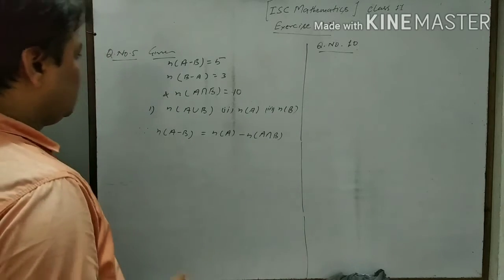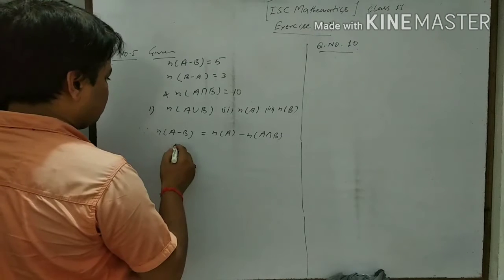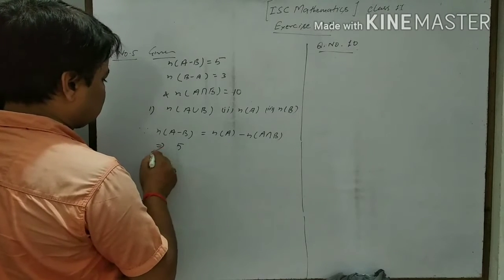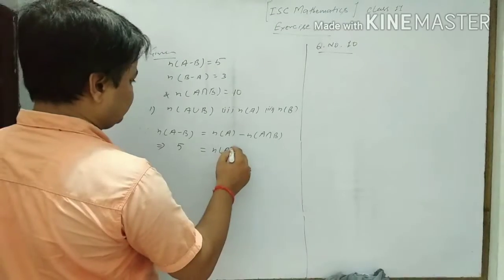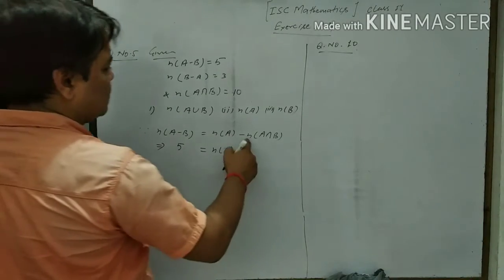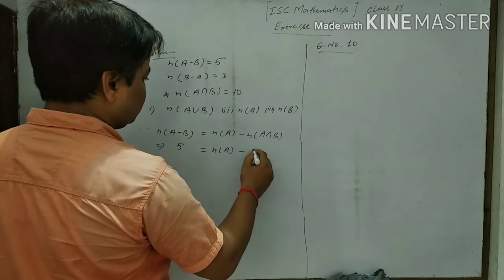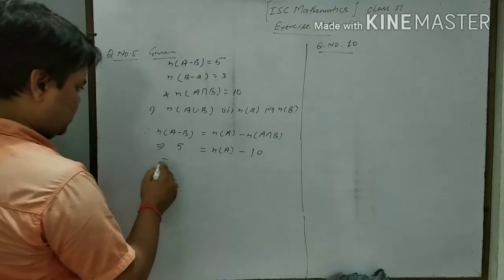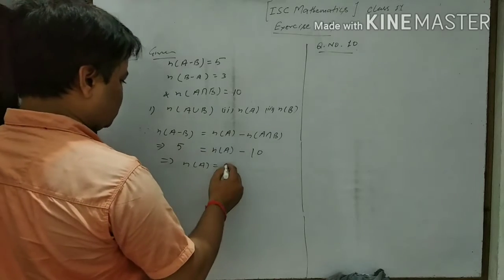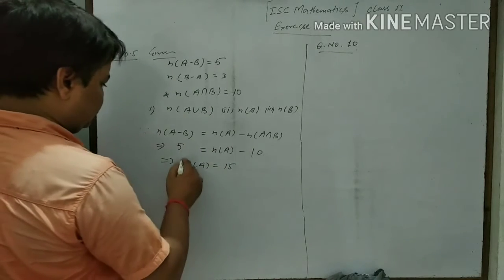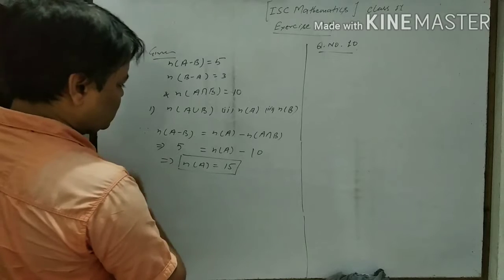Here cardinal number of A minus B is given, that is 5. This implies that 5 equals cardinal number of A, which we have to find, minus cardinal number of A intersection B, which is given as 10. So cardinal number of A is equal to 10 plus 5, which is 15. Means cardinal number of A is equal to 15.